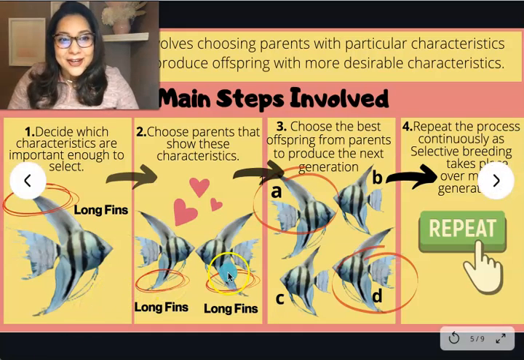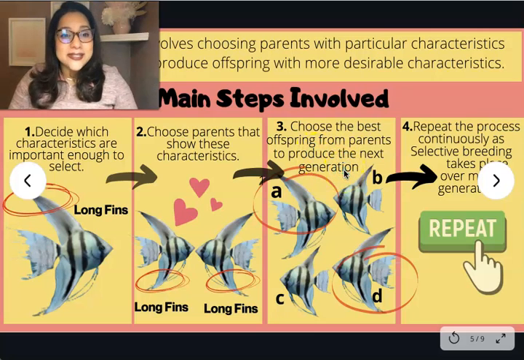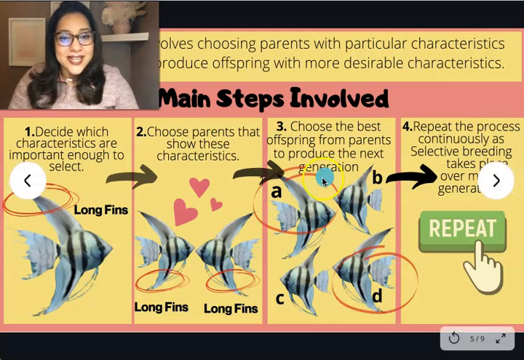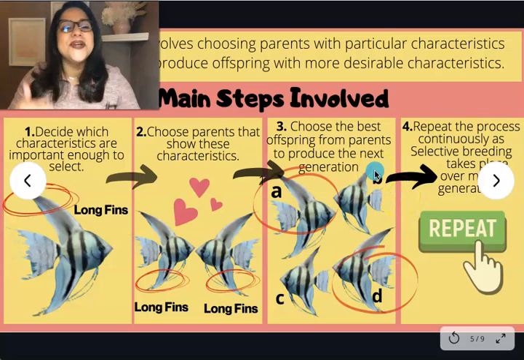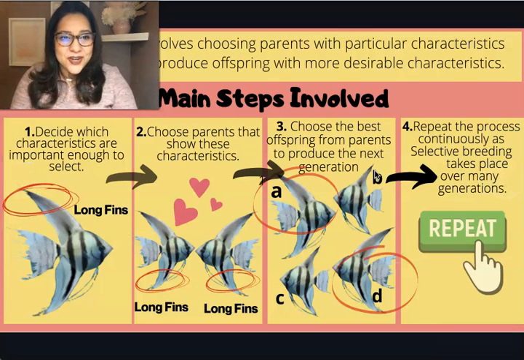And then once you observe the offspring, you're going to choose the best offspring from the parents to produce the following generation. And of course, if I want angelfish with long fins, I'm going to look for those children that have long fins to breed them, because that's going to increase my chances of getting lots of offspring in the following generation with that trait, right?